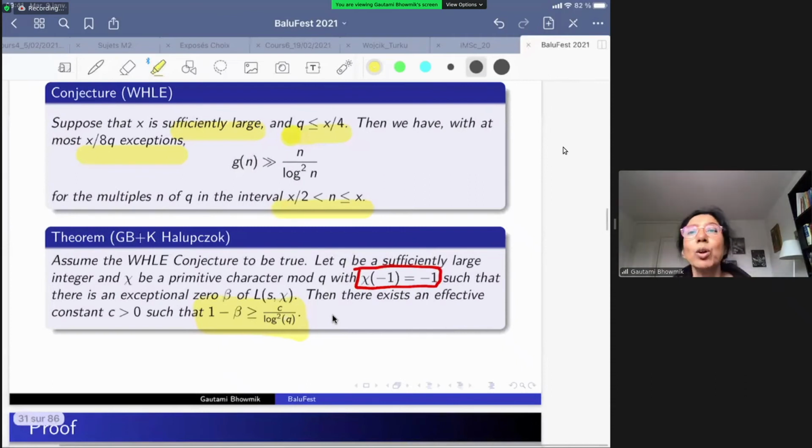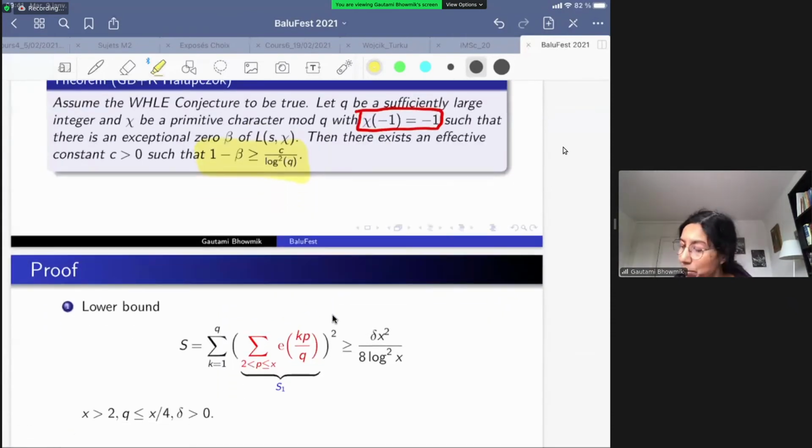So it is a conditional improvement on Siegel's theorem. I can give you an idea of how the proof goes. We'll get a lower bound and we'll get an upper bound, and some nice things will happen.